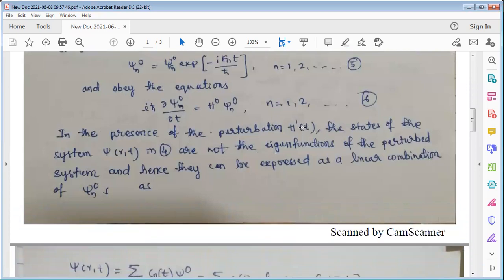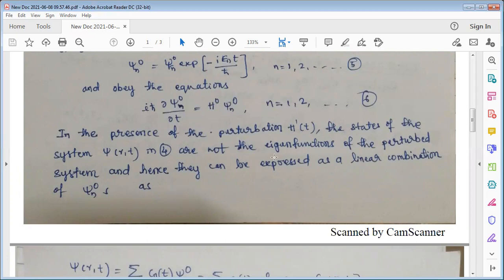So in the presence of the perturbation h dash of t, the states of the system psi of r comma t in equation 4 are not the eigenfunctions of the perturbed system, and hence they can be expressed as a linear combination of psi n of 0. Expressing them as a linear combination is possible only if the eigenfunctions pertain to the time independent part.